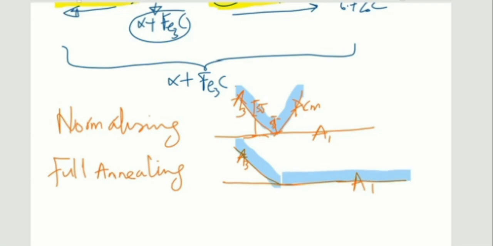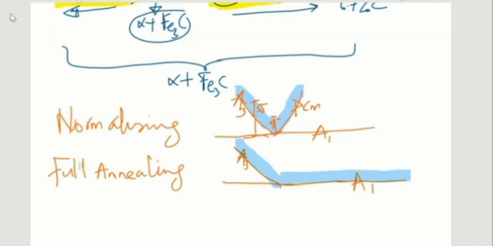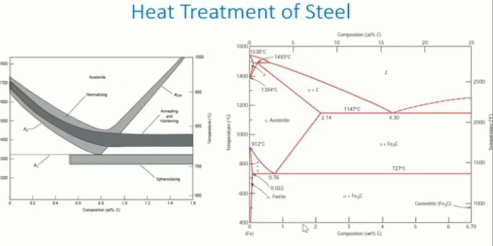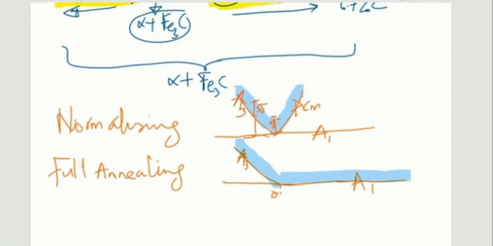So the A1 is the horizontal line, and here from 0.76, sitting at the same temperature. So from 0.76, here is 0.76% carbon.